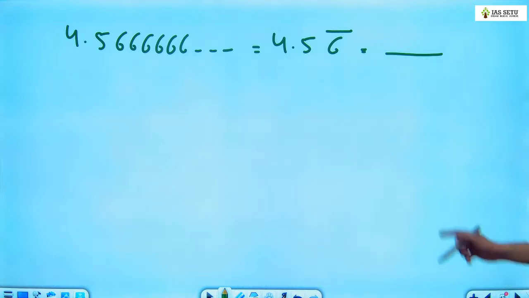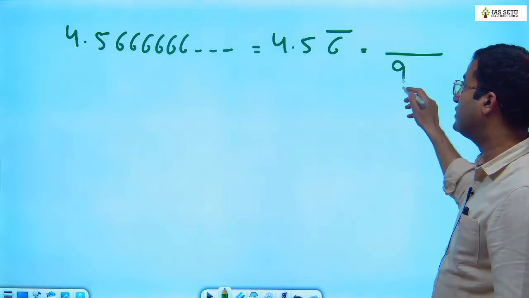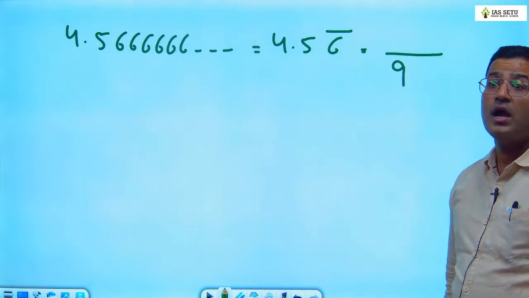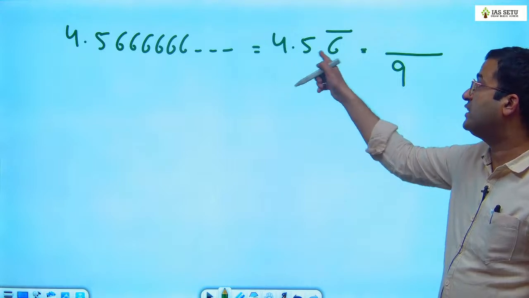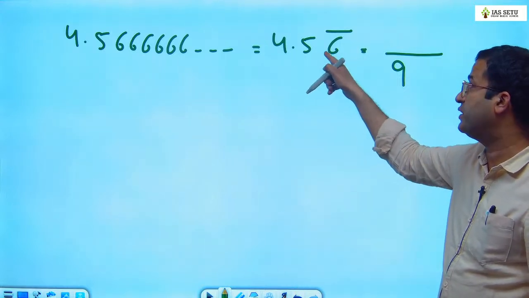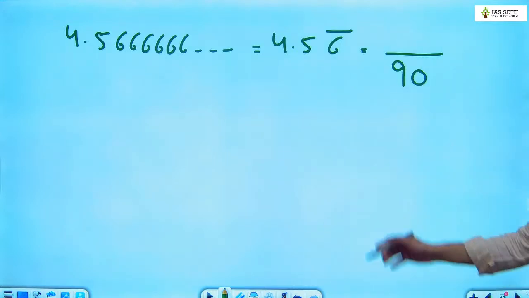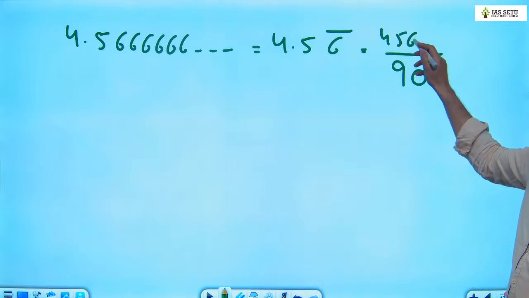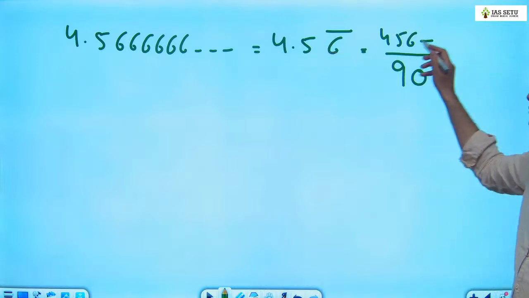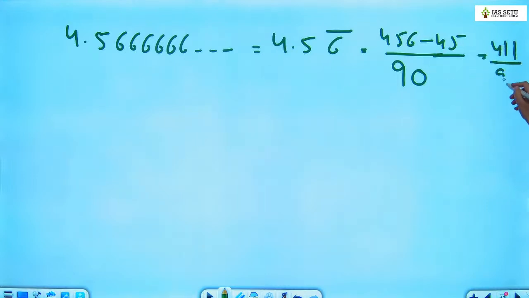First denominator: as many 9 as many digits under the bar, so there is one digit, 9. As many 0 as many digits between decimal and recurring part. There is one digit between decimal and recurring part, so 10. Numerator is total number 456 minus 45. 6 minus 5, 1, 5 minus 4, 1, 411 upon 90.